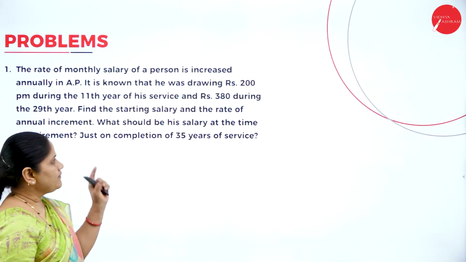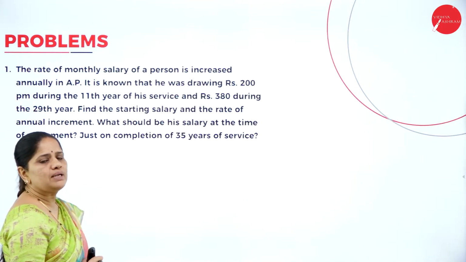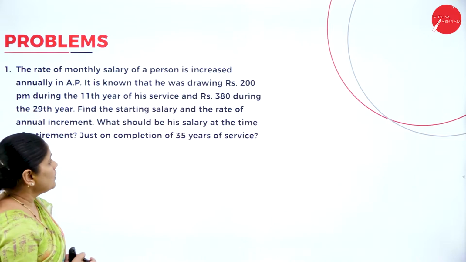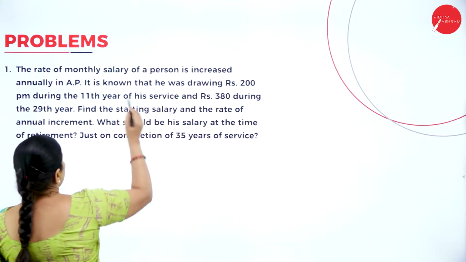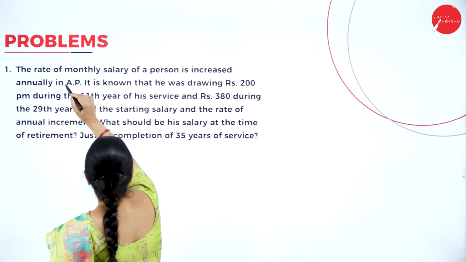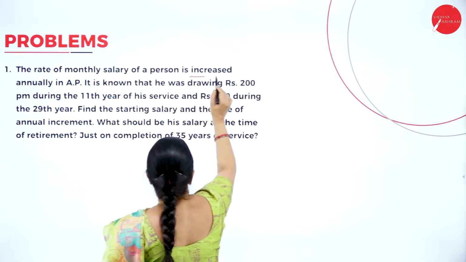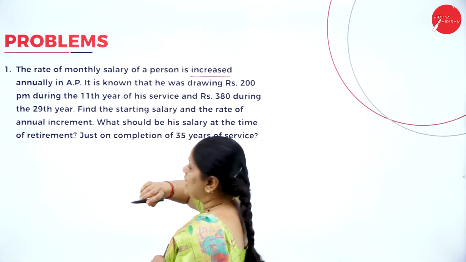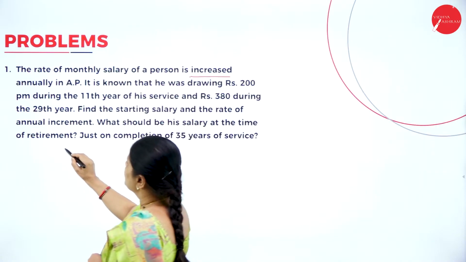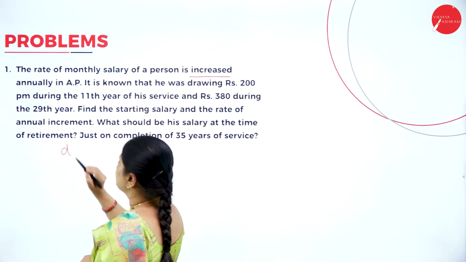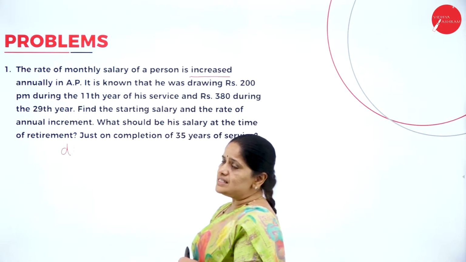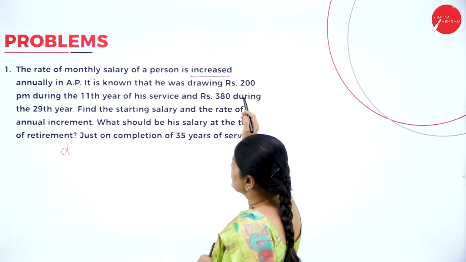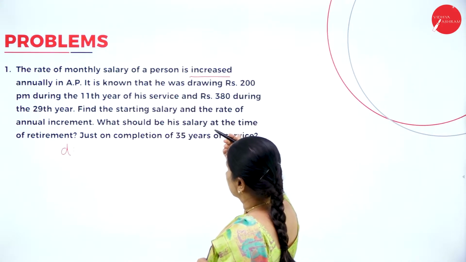So, we have to just correlate this problem with the formula. They have asked us the rate of increase of monthly salary. So, rate of increment they have asked. In other words, we should know what is D here. D is the common difference, the increment he is getting every year.